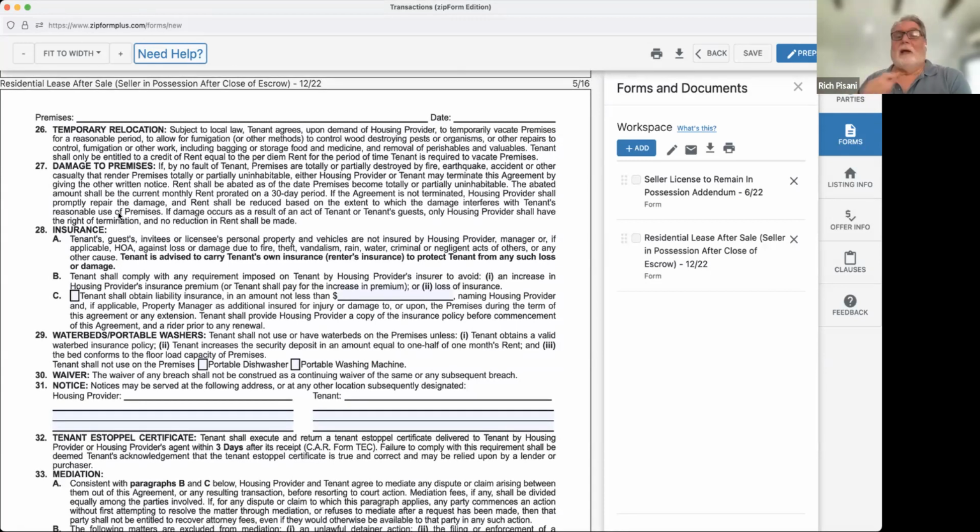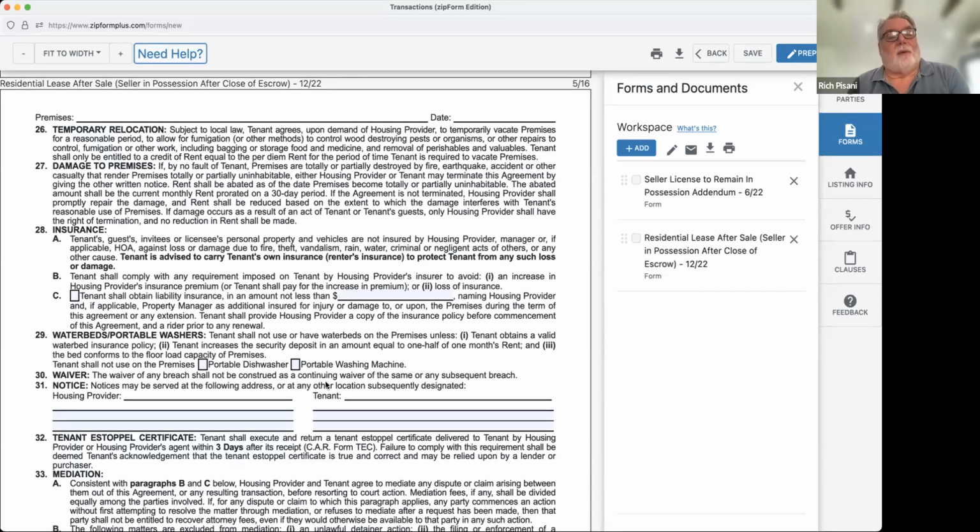Tenant is advised to carry renter's insurance to protect the tenant from any loss. And this is the first time, I think they changed this in December, that they added a checkbox that they shall obtain. Well, that's liability insurance, so that's not renter's insurance.